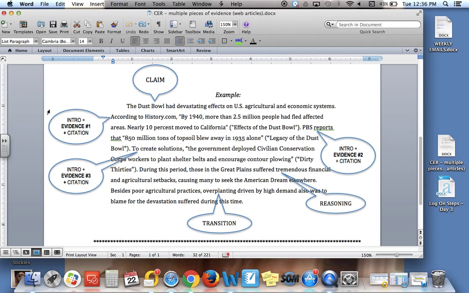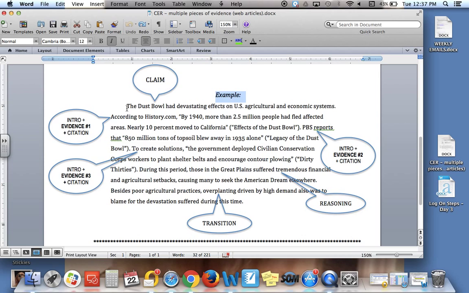To create solutions, the government deployed civilian conservation corps workers to plant shelter beds and encourage contour plowing. During this period, those in the Great Plains suffered tremendous financial and agricultural setbacks, causing many to seek the American dream elsewhere. Besides poor agricultural practices, overplanting driven by high demand was also to blame for the devastation suffered during this time. So let's look at the components of this paragraph.